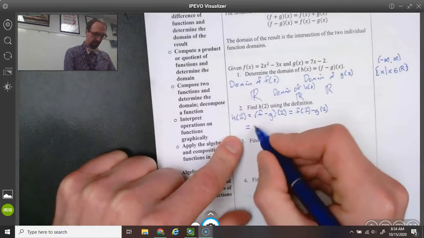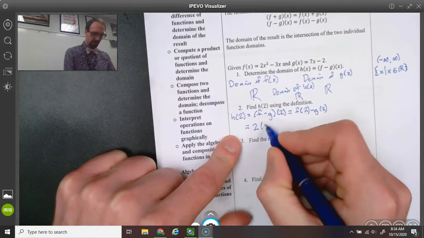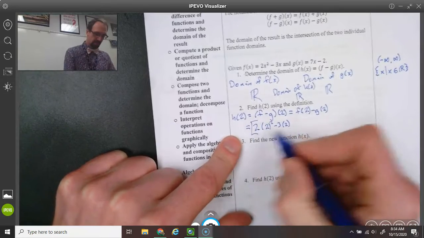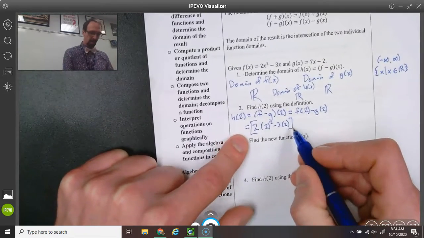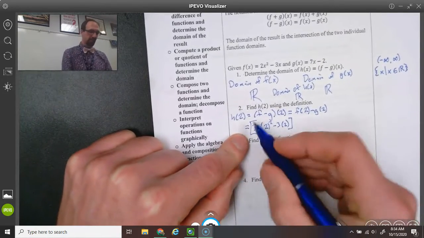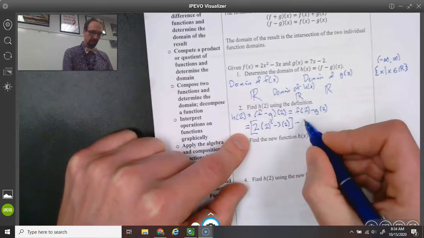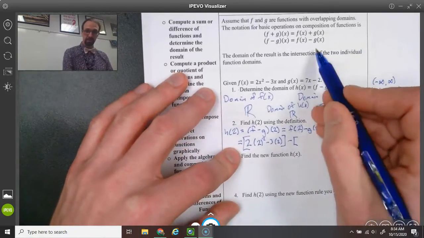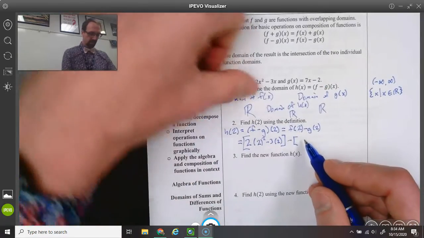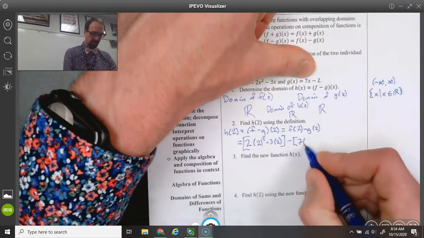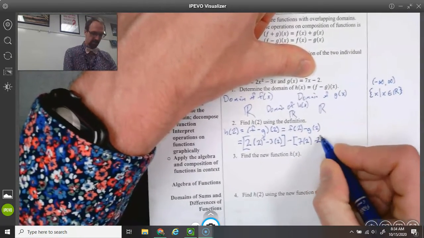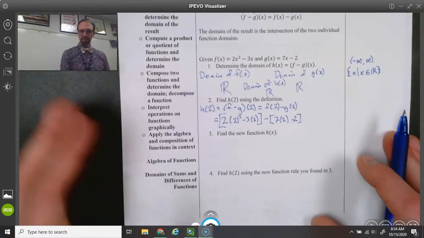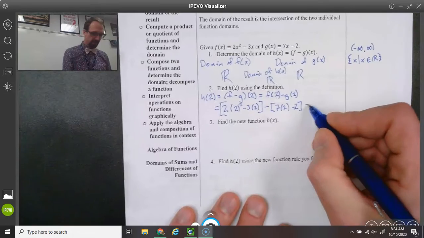So f of 2, I'm going to have 2 times 2 squared minus 3 times 2. I'm using this bracket here as a grouping symbol. I could use another set of parentheses. Minus, and then now g of 2, that's going to be 7 times 2 minus 2. So we need to do what's in each of these brackets first, and then we can simplify from there.